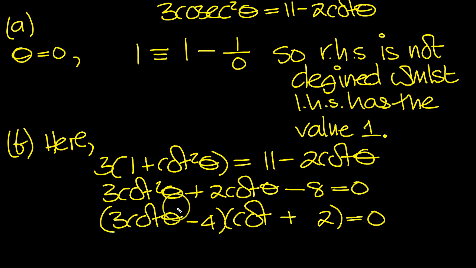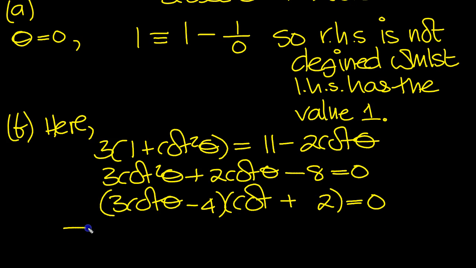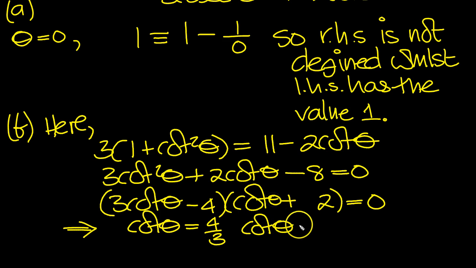So we've got 3 cot squared, plus 6 minus 4 is plus 2 cot theta, and then a plus times a minus is a minus, 4 2s are 8. So this tells us now then, cot theta is equal to 4/3 there, and here cot theta is equal to minus 2.